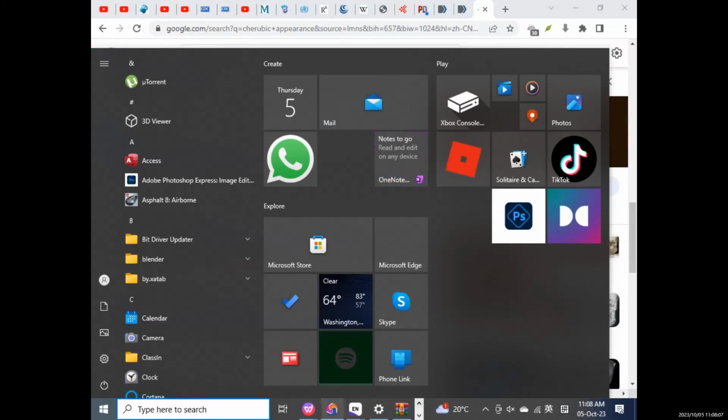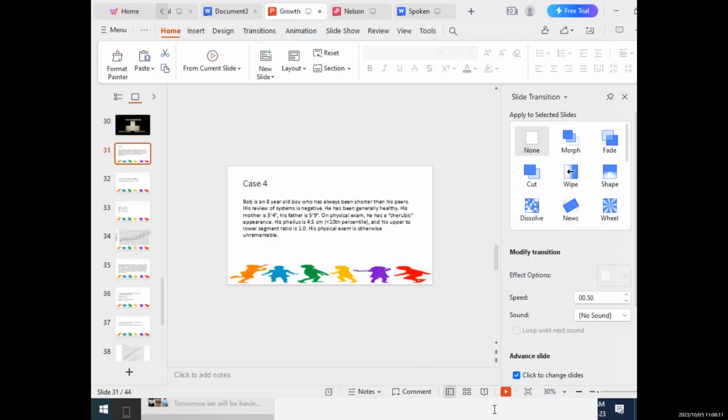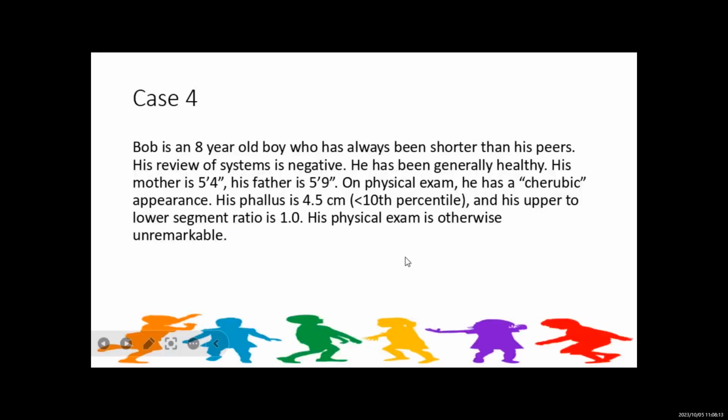Any other question that you would like more clarity on? Upper to lower segment ratio.